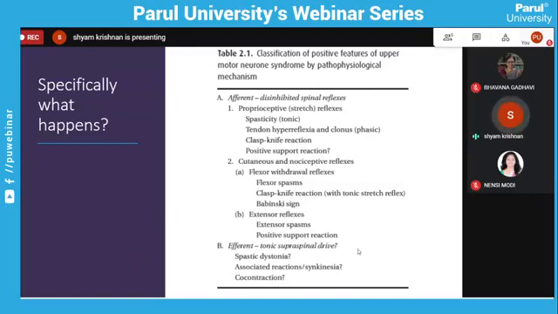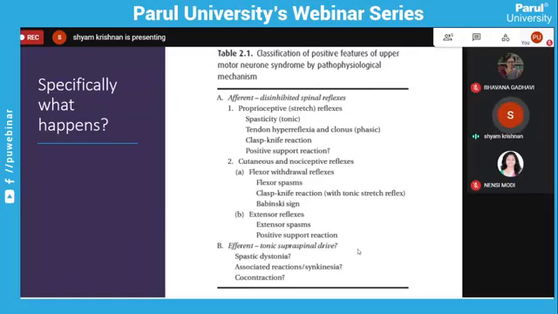There can also be associated reaction or synkinesia. Under normal circumstances we also have associated reactions. For example, you're lifting a bucket of water with your left hand, and your right hand also goes into abduction. When you try to activate a group of muscles, it produces an involuntary activation of another group of muscles. That is what an associated reaction is.